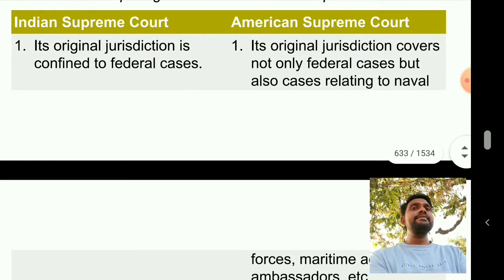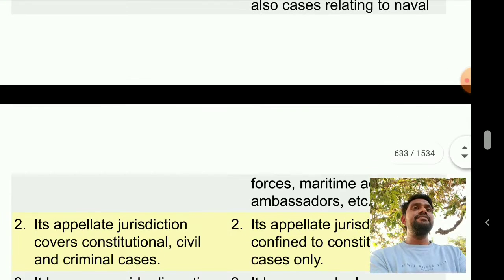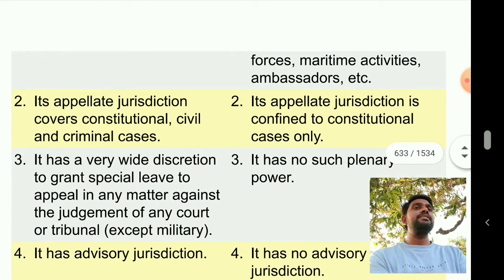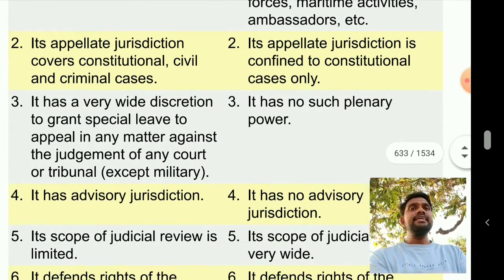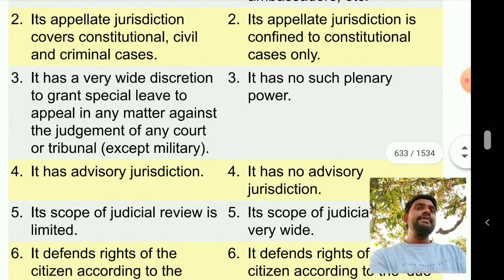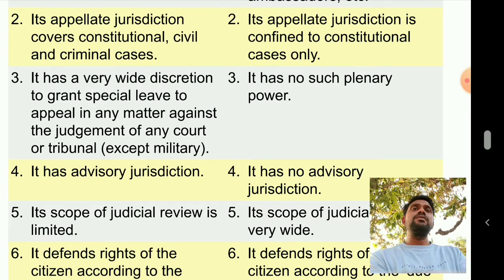Indian Supreme Court, its original jurisdiction is confined to federal cases, but in American Supreme Court, its original jurisdiction covers not only federal cases but also cases relating to naval forces, maritime activities, ambassadors, etc. Second, in Indian Supreme Court, its appellate jurisdiction covers constitutional, civil and criminal cases, but in American court, its appellate jurisdiction is confined to constitutional cases only.